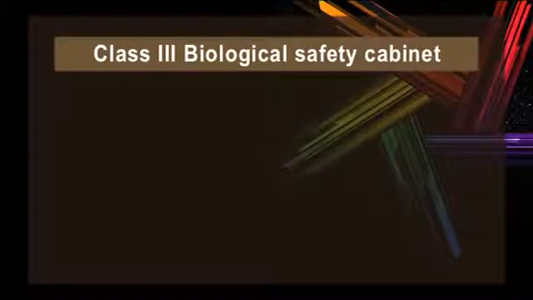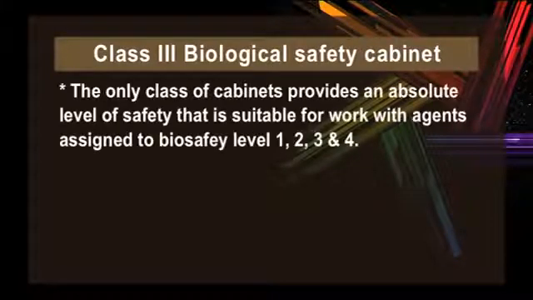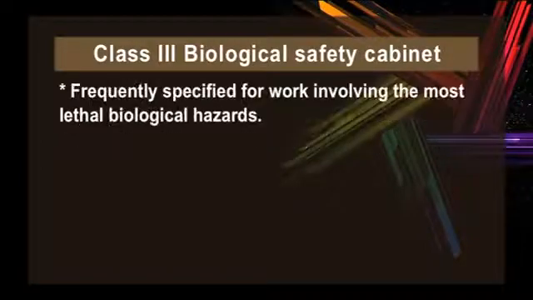Class 3 biological safety cabinet. The only class of cabinets that provides an absolute level of safety, suitable for work with agents assigned to biosafety level 1, 2, 3 and 4, frequently specified for work involving the most lethal biological hazards.